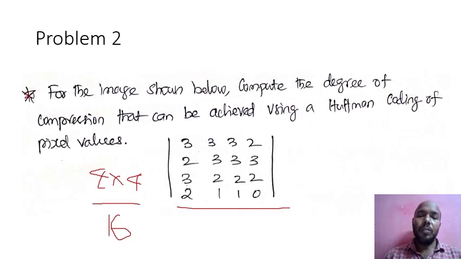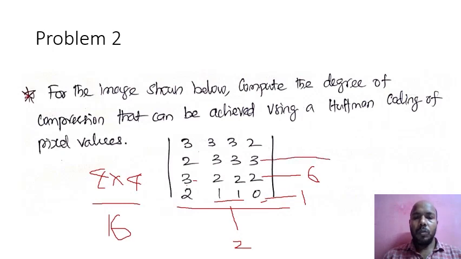Among the 16 pixels, some pixels are repeated. 0 occurs only one time, and 1 occurs 2 times. 2 occurs 1, 2, 3, 4, 5, 6, so 6 times. Let me write it here so we can avoid confusion. 0 is 1, 1 is 2 times, 2 is 6 times, and 3 occurs 1, 2, 3, 4, 5, 6, 7, totally 7 times. So pixel value 3 is repeated 7 times.